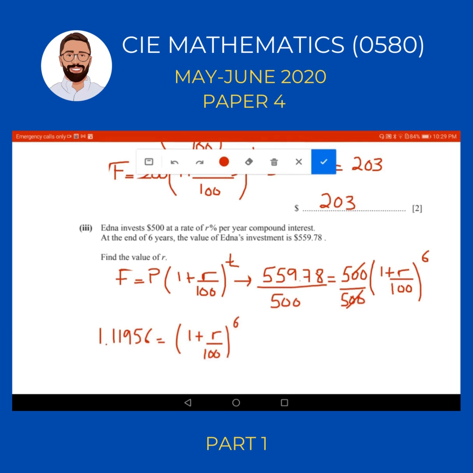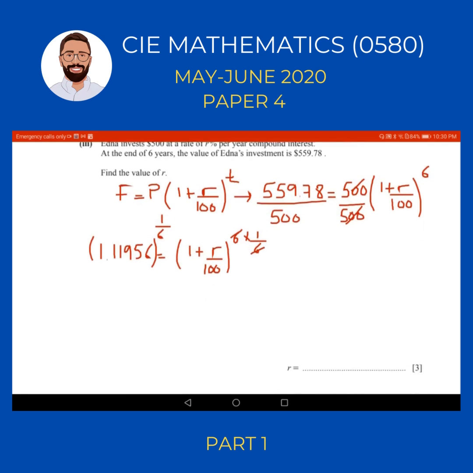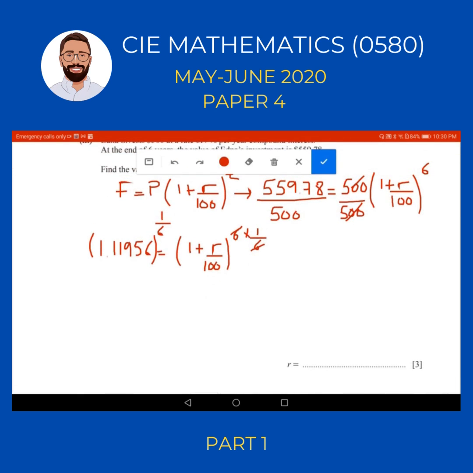Now I need to get rid of the power, which is 6. So I will multiply the power by 1 over 6, and 6 cancels with the 6. And for the left hand side, I'm going to raise 1.11956 to the power of 1 over 6. So 1.11956 raised to the power of 1 over 6 is equal to 1 plus R over 100. So I want to shift 1 to the left hand side.